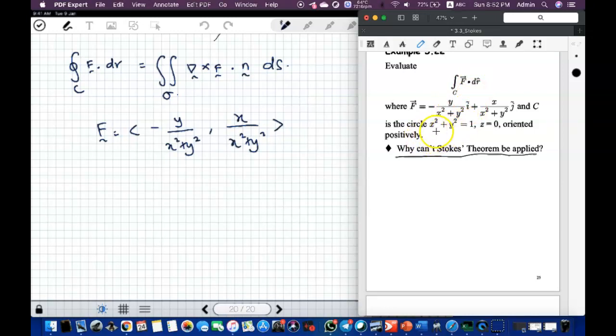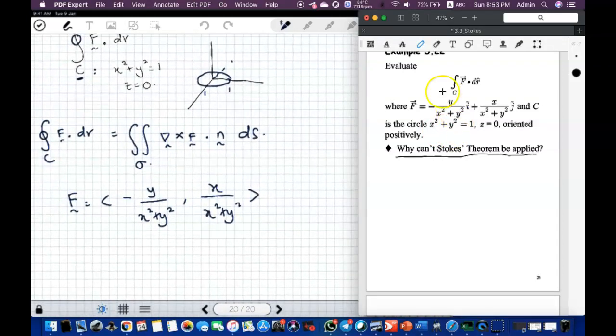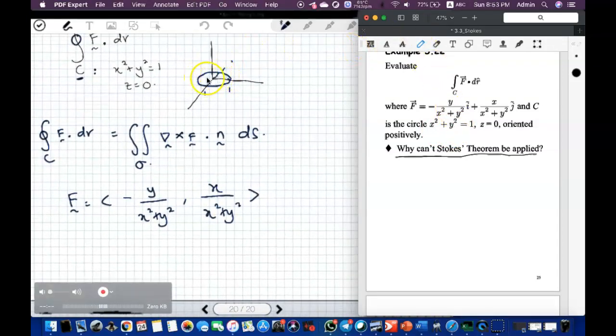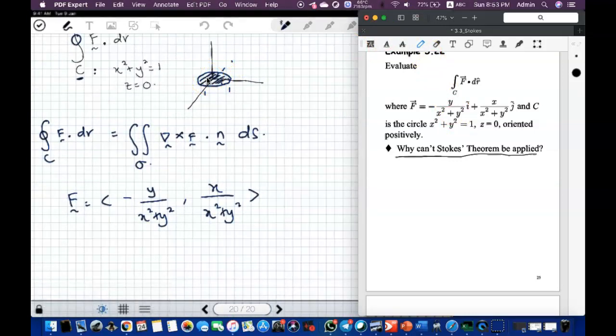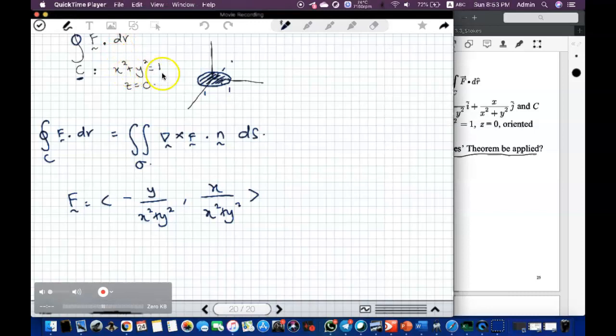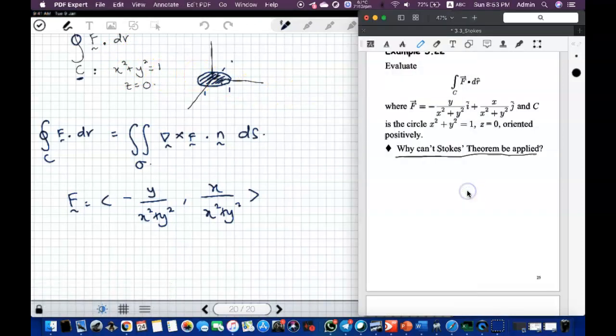The surface here is z equal to 0, any point on the floor bounded by x squared plus y squared equal to 1. So this is your surface sigma, whose boundary is the closed curve x squared plus y squared equal to 1.